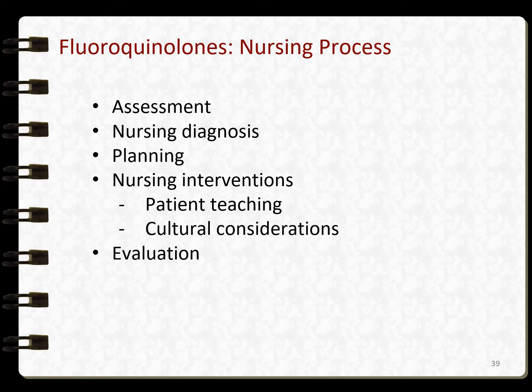Interventions. We want to make sure that we do appropriate patient teaching. Drink at least 6 to 8 glasses of water daily, and not just pour it in a cup. They need to be able to measure out 8 ounces. Some people think that if they pour a little tiny amount in a cup they're drinking a full cup of water, when in fact they probably only drink a couple of ounces, maybe 4 ounces of water.